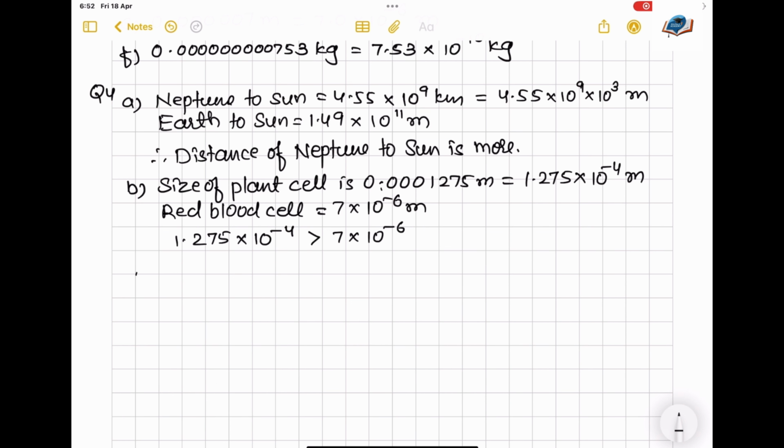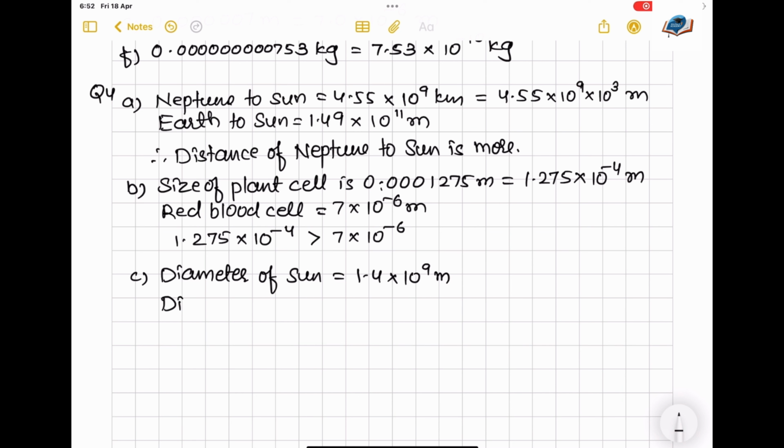Then C one is the diameter of sun is 1.4 into 10 raised to 9 meter.